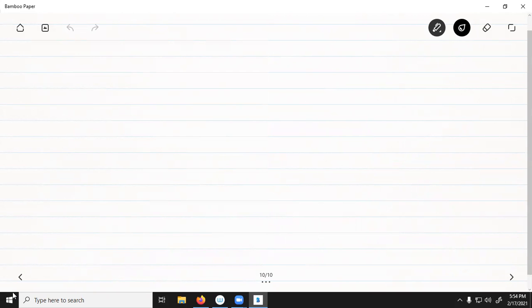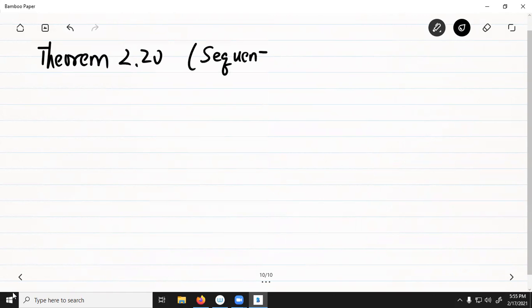Okay, so this is the theorem. It's just a very quick theorem. It is called the sequential density of the rationals.